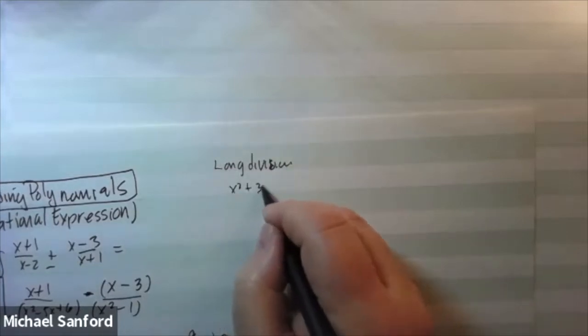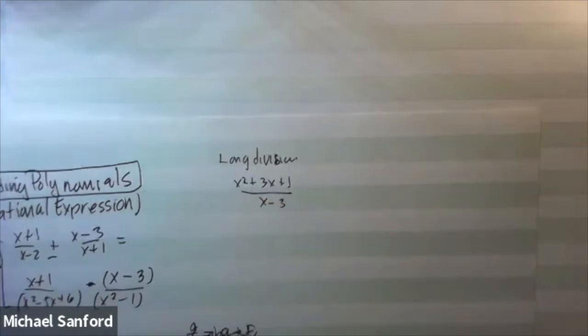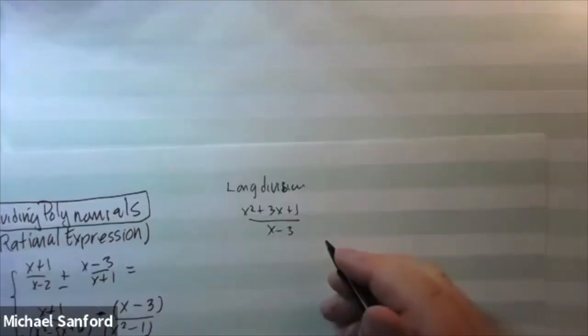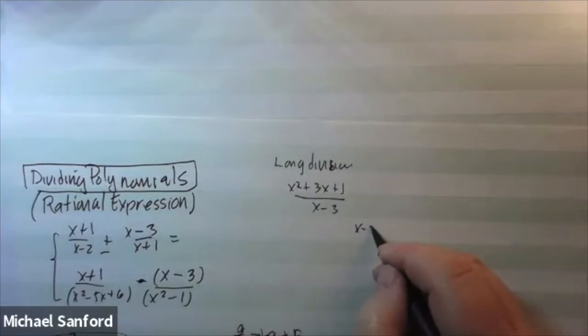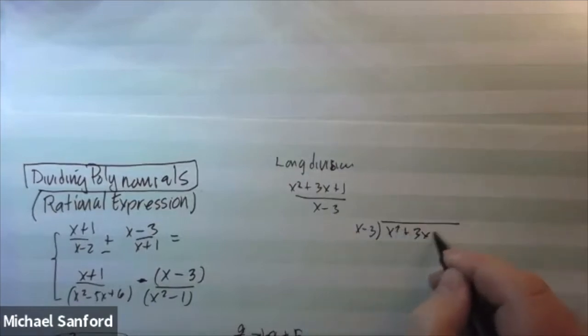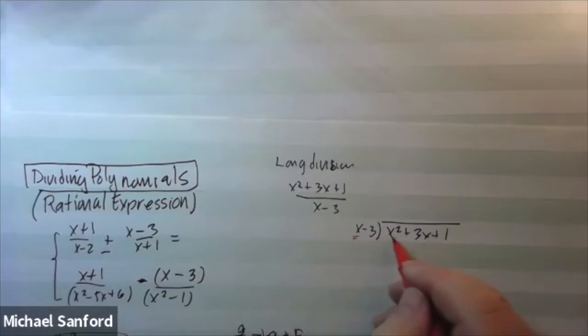Let's say I take this one right here, x squared plus 3x plus 1 divided by x minus 3. This is the problem I wrote down here. What would I do? The same thing I did here. I would take x minus 3 and put this part underneath it. Then I ask myself, what do I multiply x by to get x squared?